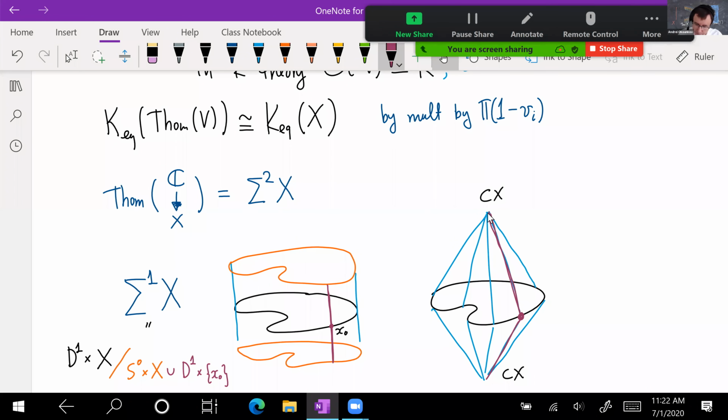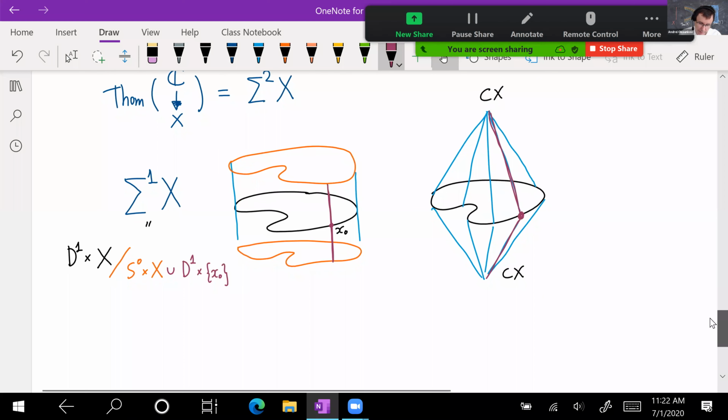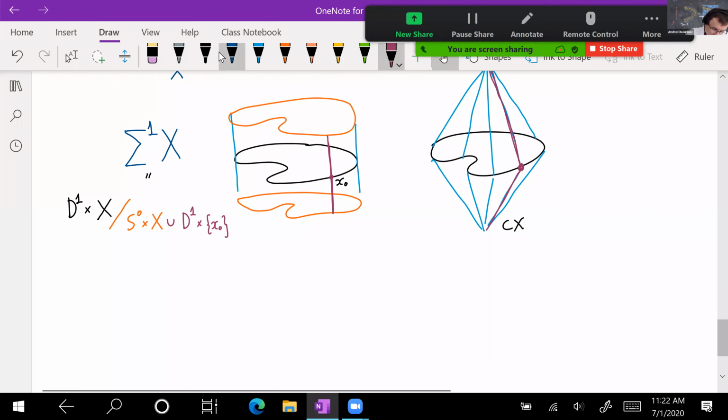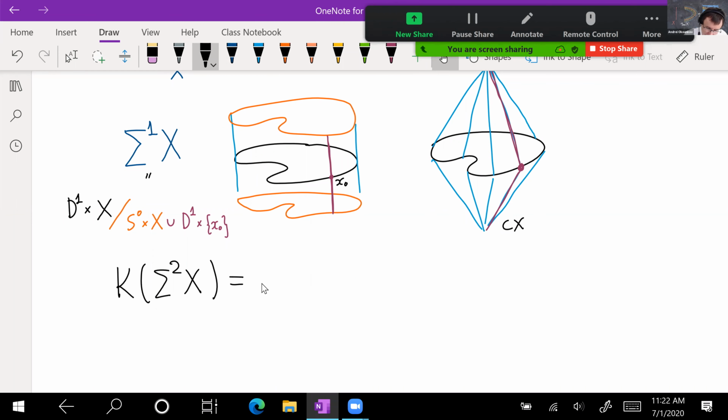And so then the Thom isomorphism says that for any X, the K theory of the twofold suspension of X is the same as the K theory of X. Okay, well, that's just really about periodicity.